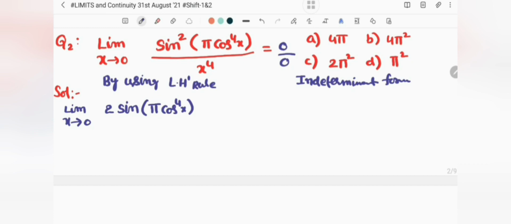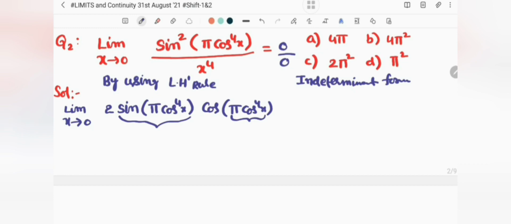That means again this sin of this function you have to differentiate. So sin square x means 2 sin x. Again sin x derivative we are doing now. Similarly 2 sin of pi cos power 4x into, the derivative of sin of pi cos power 4x is cos of pi cos power 4x.